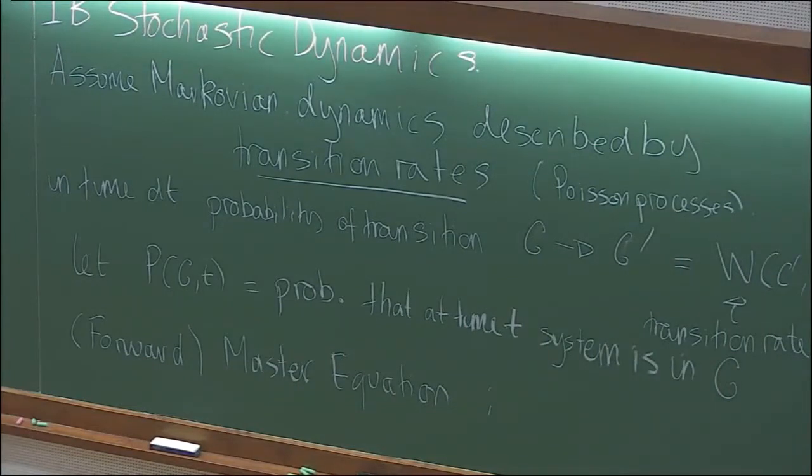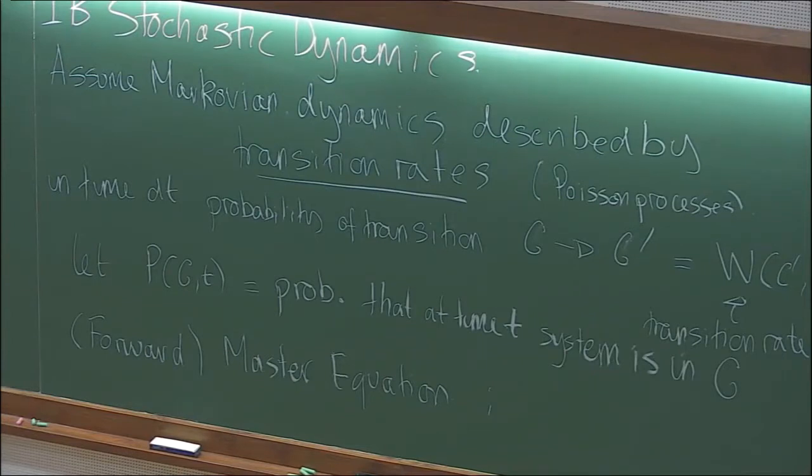So the rate of change of P is going to be two terms. The first term comes from probability going into configuration C. And we get that from, we sum over all the other configurations C primed.